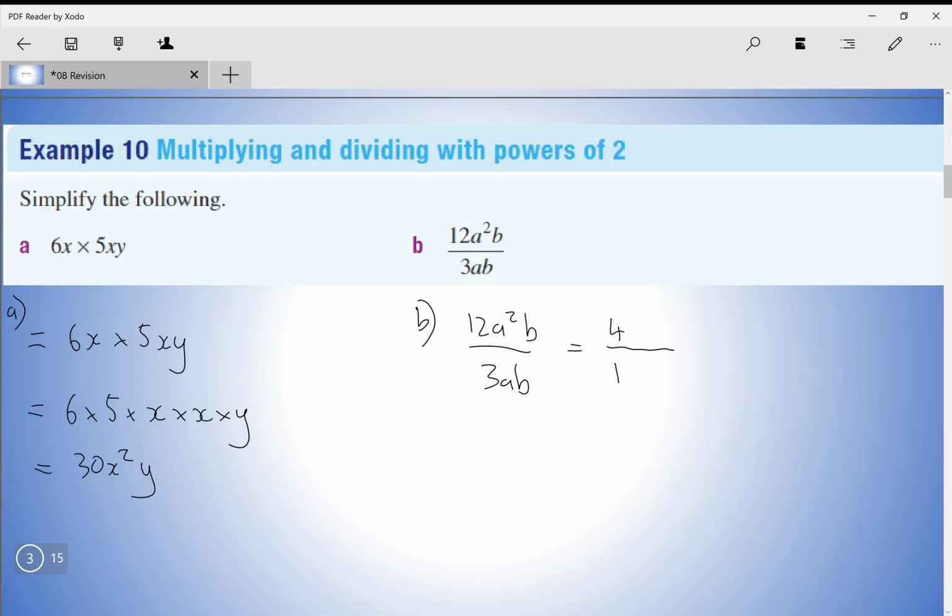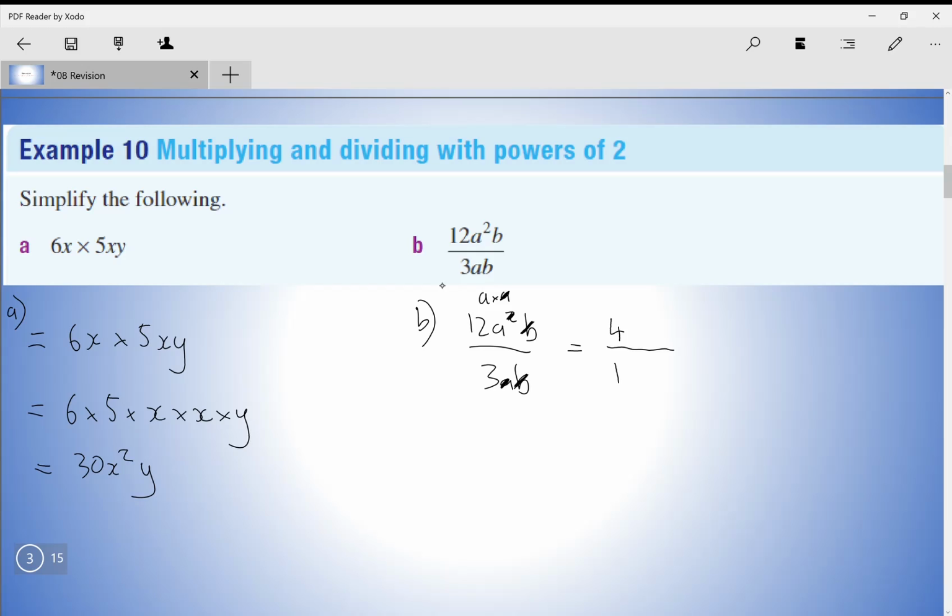Now, we have an a squared on top and an a on the bottom. That means we can cancel one of these a's on the top with the a on the bottom. Because remember, what a squared really is, a times a. So we can cancel one of these a's with the a at the bottom. And we also have a b on the top that we can cancel with a b on the bottom.